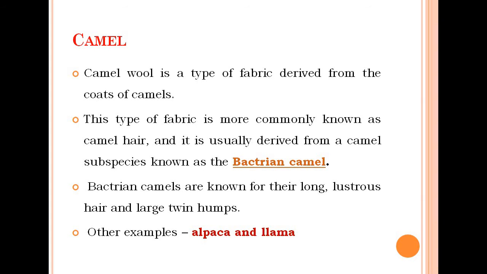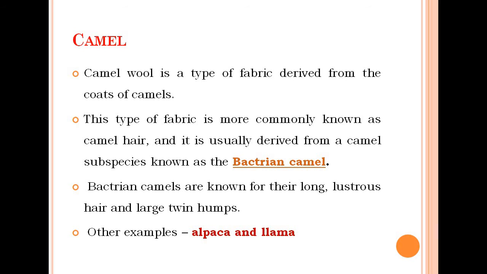It has hair all over its body, like over the ears. That hair is mainly used to derive wool. This type of fabric that we get from camel hair is usually derived from one of the species of camel known as the Bactrian camel.